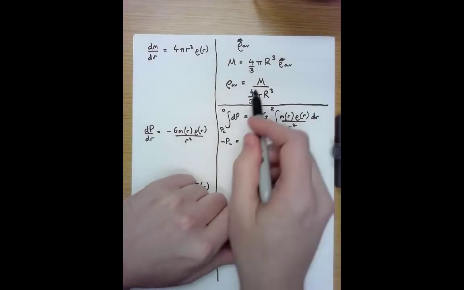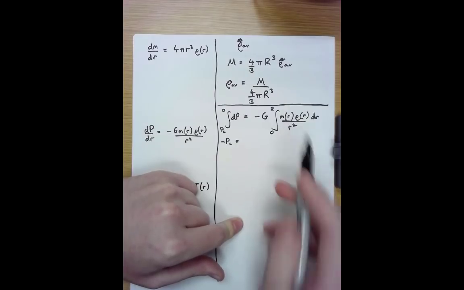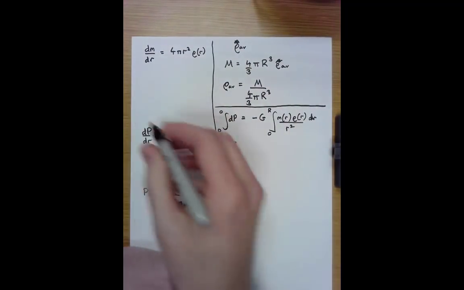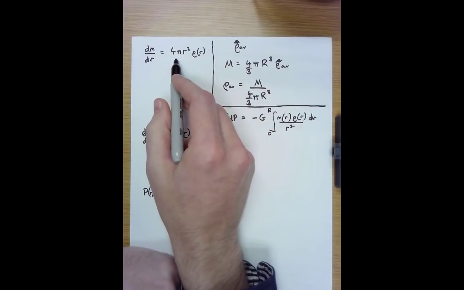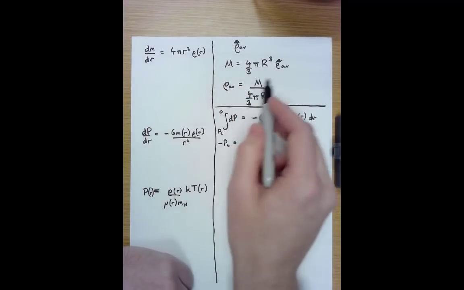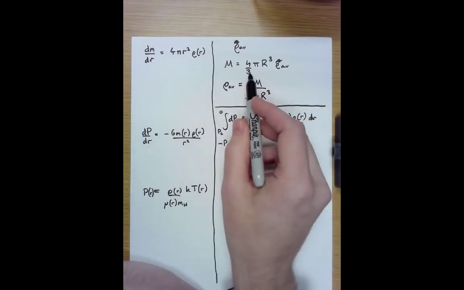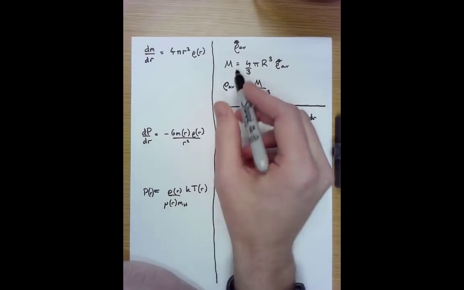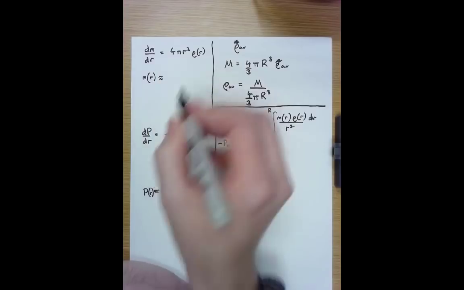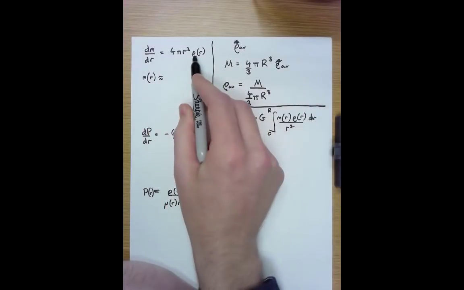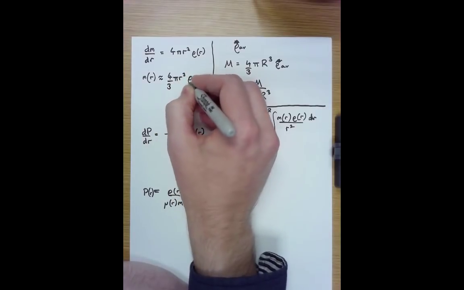So we're going to replace rho by the average value of rho, and we're going to replace the mass inside radius r with the equivalent equation to this. So we saw that the mass inside radius r is equal to, approximating rho to be a constant, 4/3 pi little r cubed rho average.